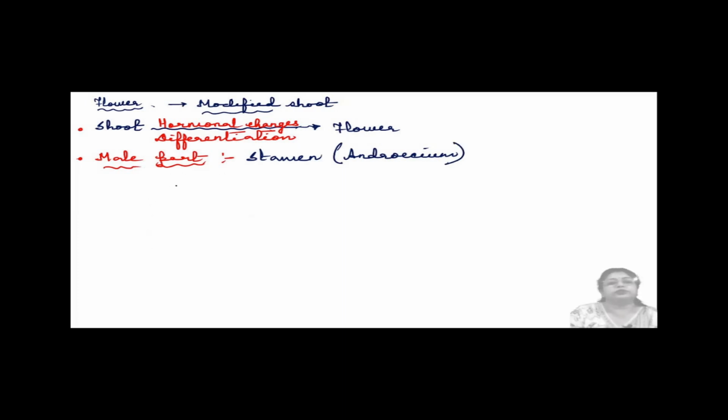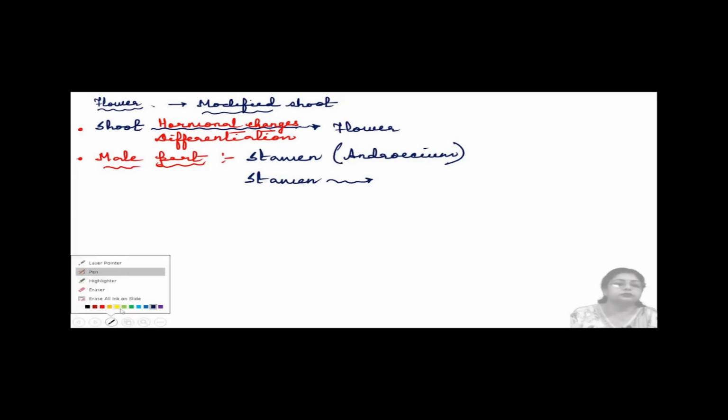Now let us move to the stamen. What is the stamen? We know that the stamen has two parts: one is the anther and another is the filament.